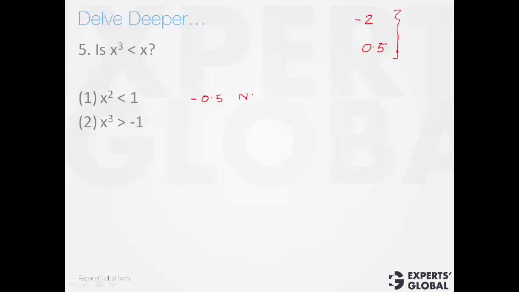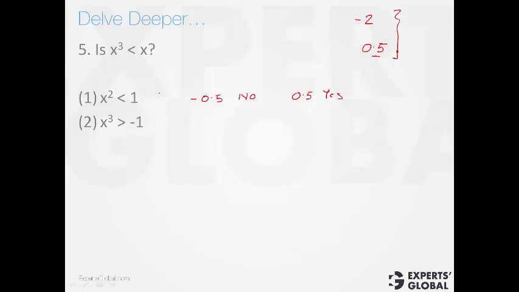However, if you put a positive 0.5, positive 0.5 is also satisfying this inequality. However, if you put it here, on 0.5, we will get yes as an answer. Okay, so no is also possible, yes is also possible. Statement 1 is not sufficient.